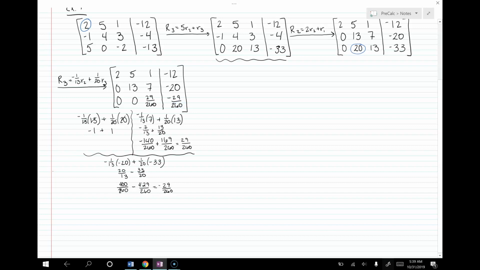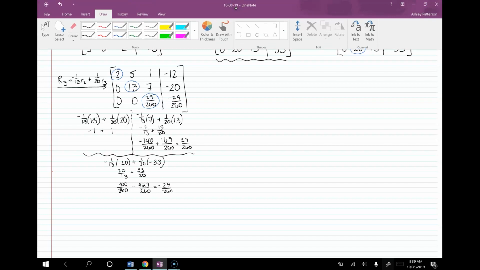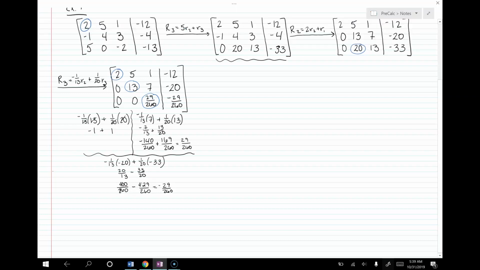Now our goal is to have a 1 where the 2 is, have a 1 where the 13 is, and have a 1 where the 29 over 260 is. Well, the only way that I can think of to get a 1 where the 29 over 260 is to multiply it by its reciprocal. So I'm going to do that.